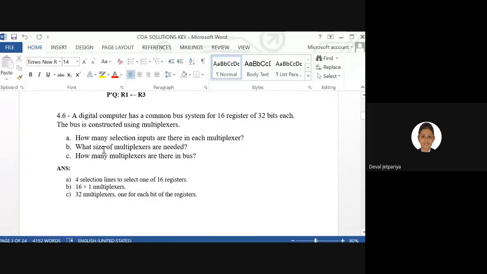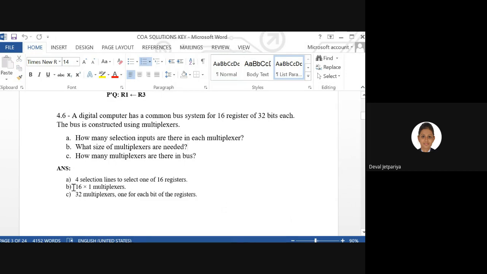Okay. So see here is the answer of question number one from tutorial number three, right? How many selection lines? As we used 16 registers, that means 2 raised to 4, we require 4 selection lines. After that, what size of multiplexer is needed? Here 16 registers and with each we need to represent 32 bits.